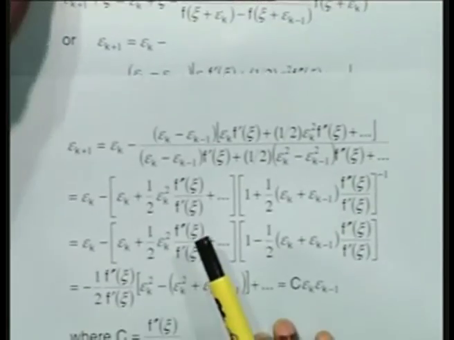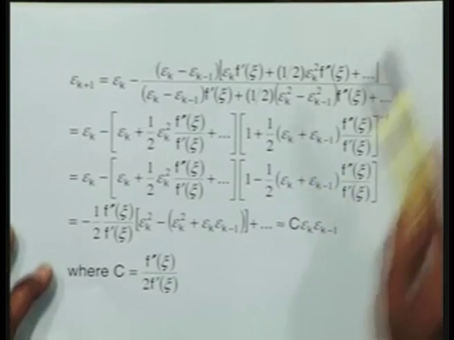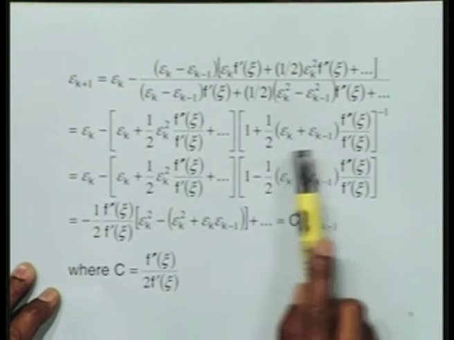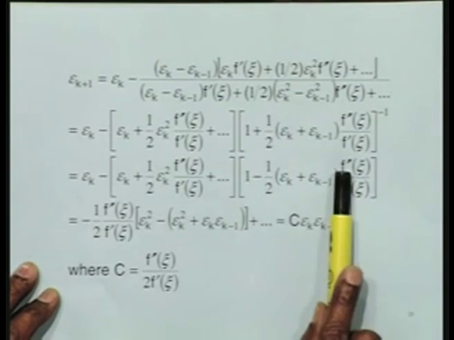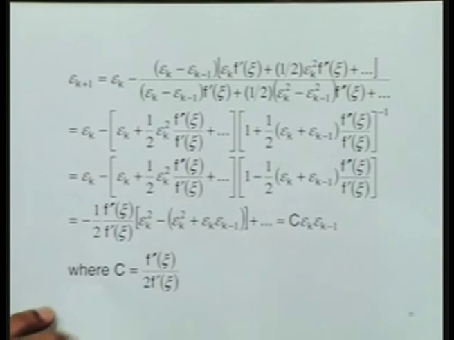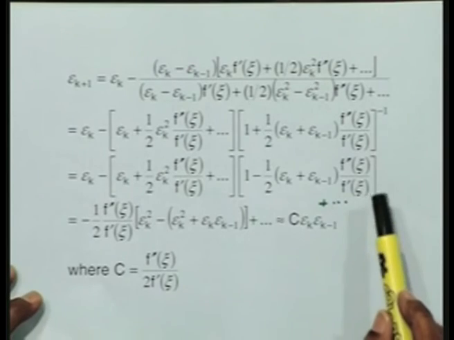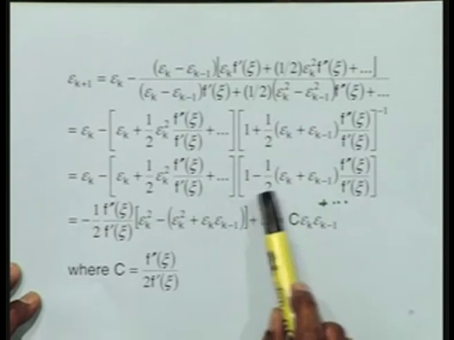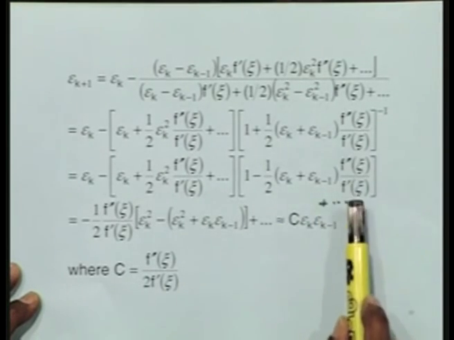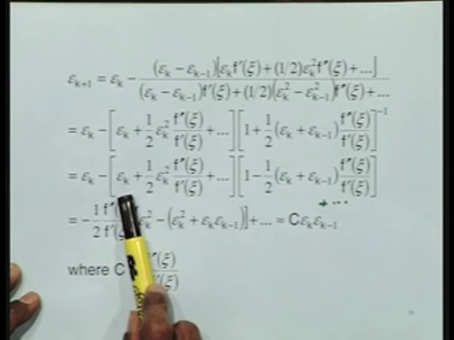Then again, as we have done in the previous case, we will expand it by binomial expansion. This is 1 minus capital X, I should have written plus this. This is 1 minus epsilon_k plus epsilon_{k-1} times f double dash by f dash x_i. Now multiply it out.